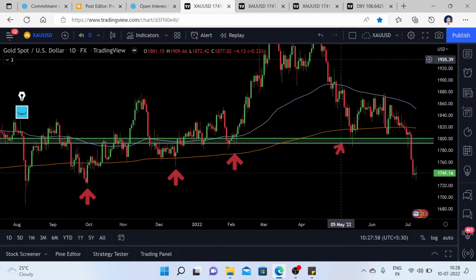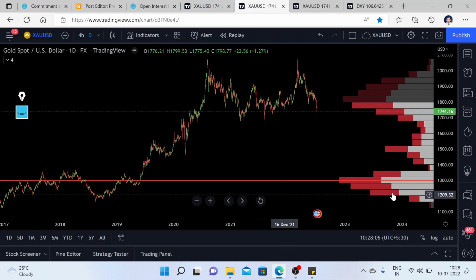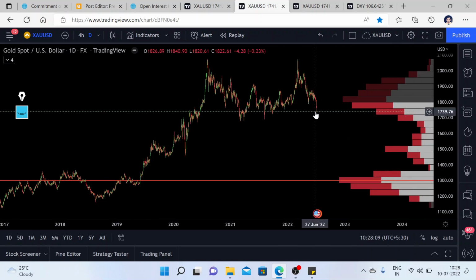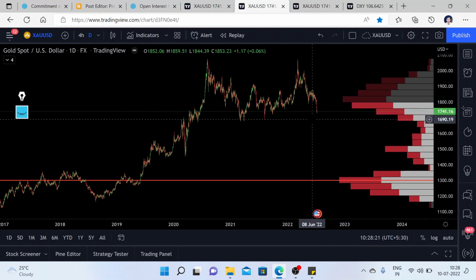If we look at the volume profile for the period from 2017 to the current time, you can see that the price is currently trading below this major high volume node, and this is not good for bulls.